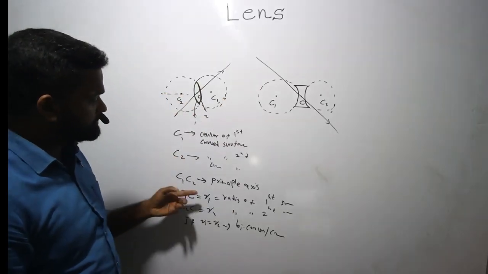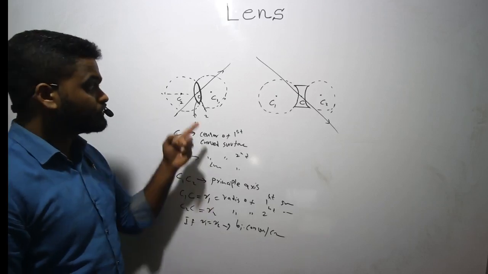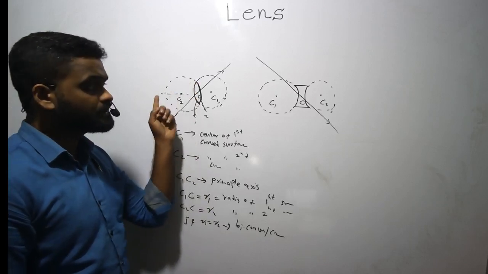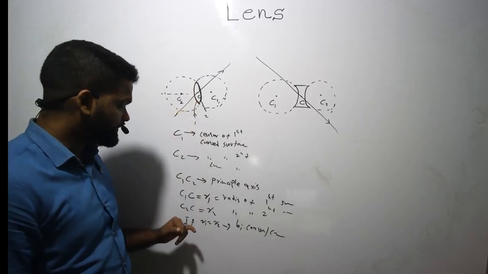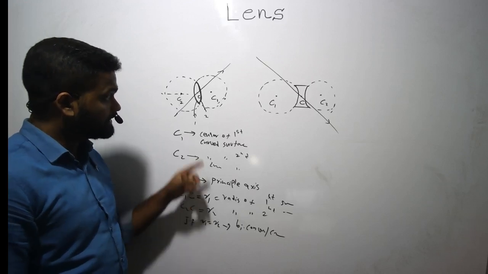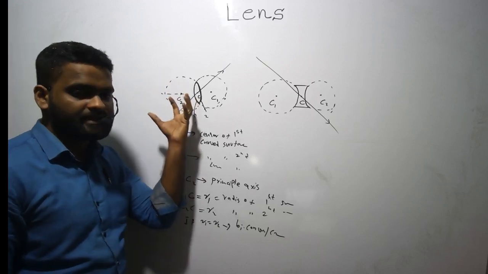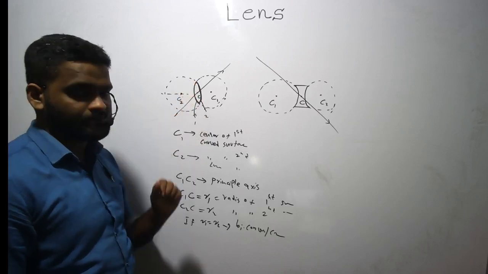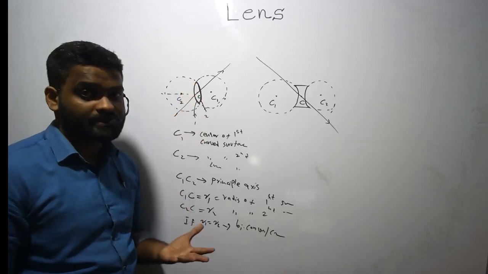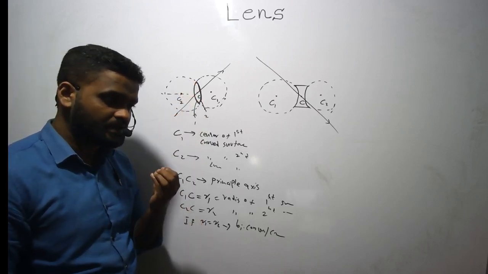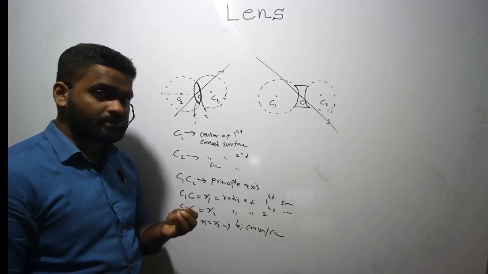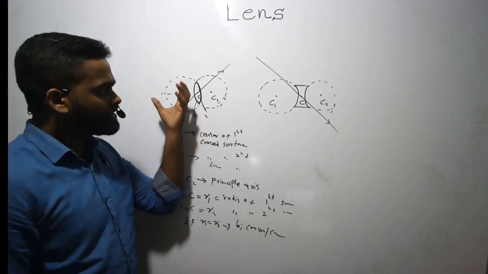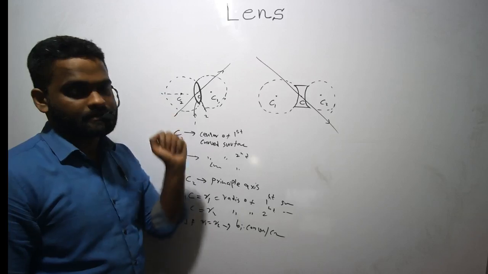Then you have to think about R1 and R2. Those are the radii of each curved surface. Given that those radii are the same for those curvatures, these shapes will also be the same, right? Because the curvatures are also the same. Having the same radius of curvature means you have the same shape at both sides, right?